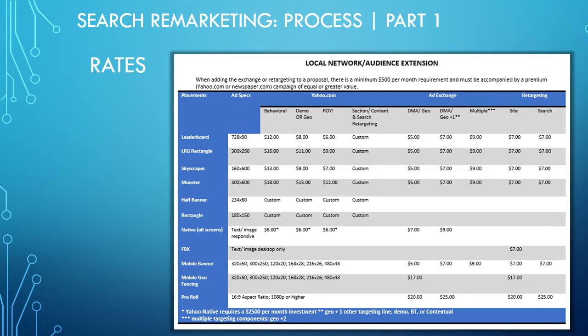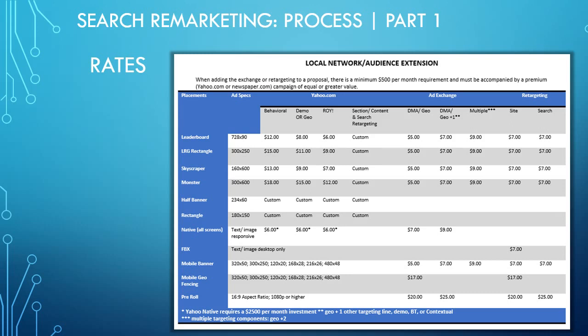So we talked about CPM and how search targeting is obviously the $7 CPM, and we'll get into this a little bit more at the end and exactly how this is broken down. But this is a rate card for all the sizes here for search retargeting, and it goes into the mobile there.